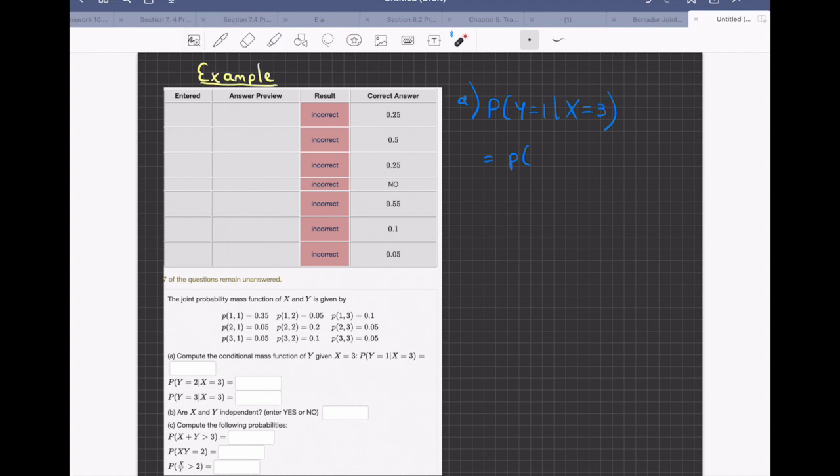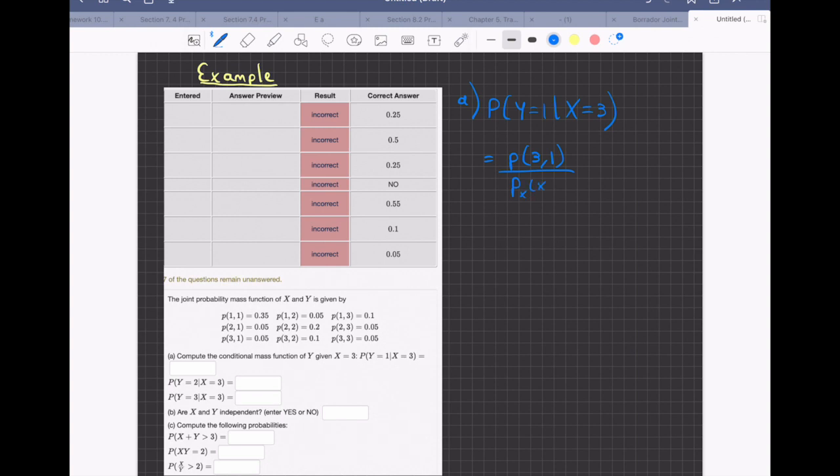Remember, when you have the joint distribution, the first one is x, and the second one is y. So I have to put first the 3, and then the y, which is 1. So P(3, 1), divided by the marginal distribution of x.